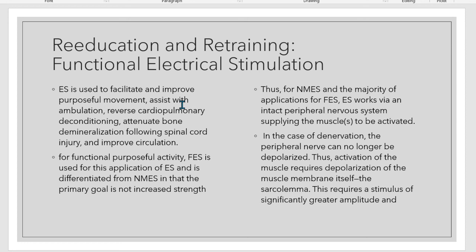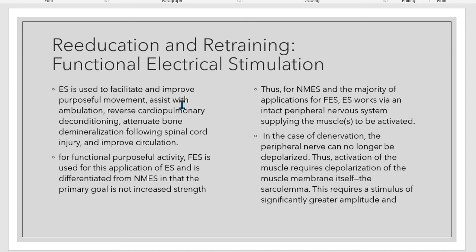And usually for denervated muscles, what is used is not alternating current but rather direct current, a pulsed, interrupted direct current. That is what is used for denervated muscles.